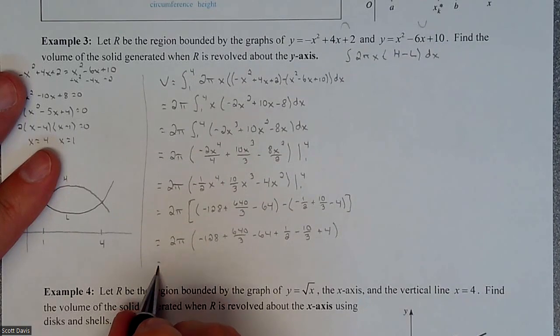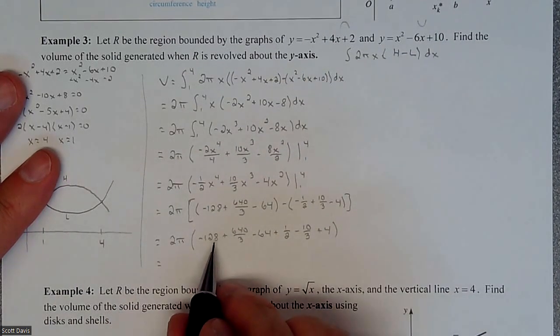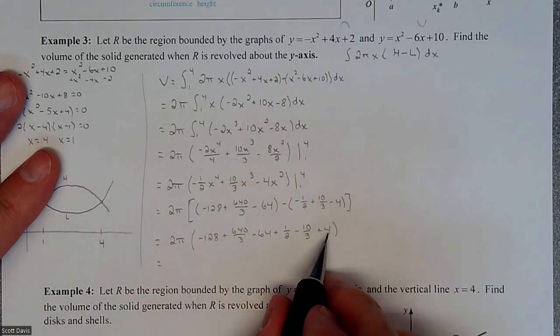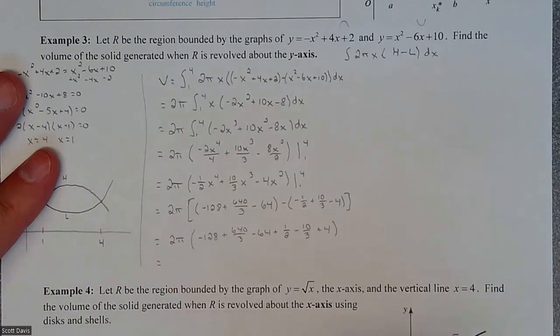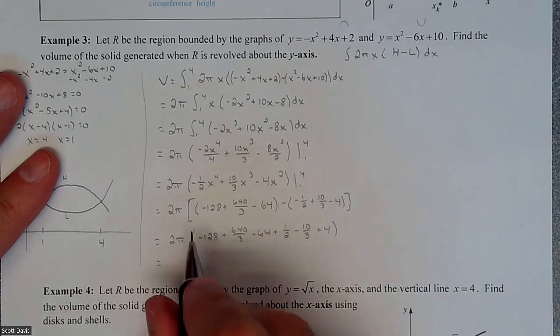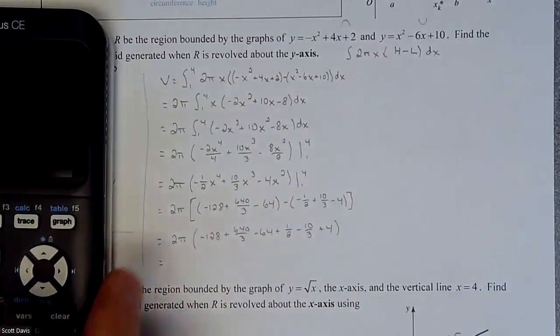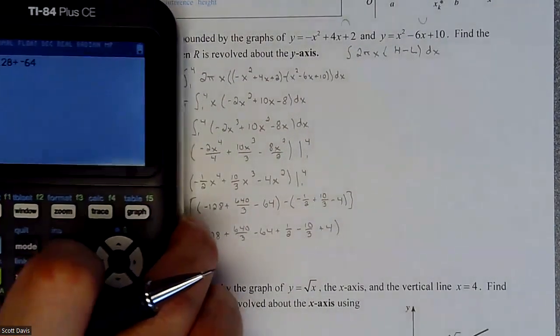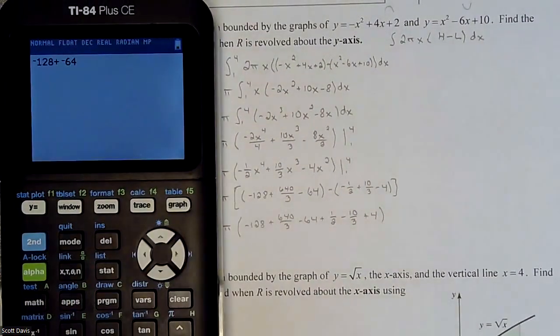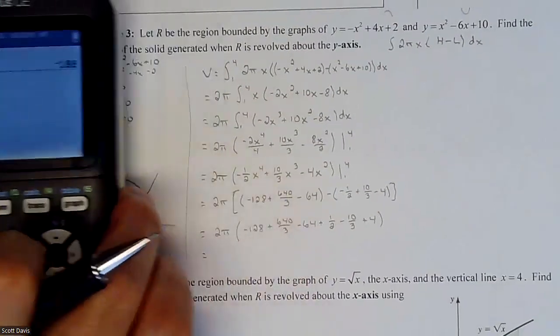And if we put that together, and we put our whole numbers together, that's going to get us a, let's see, negative 128 and negative 64. Negative 128 plus negative 64. Plus 4 gets us a negative 188.